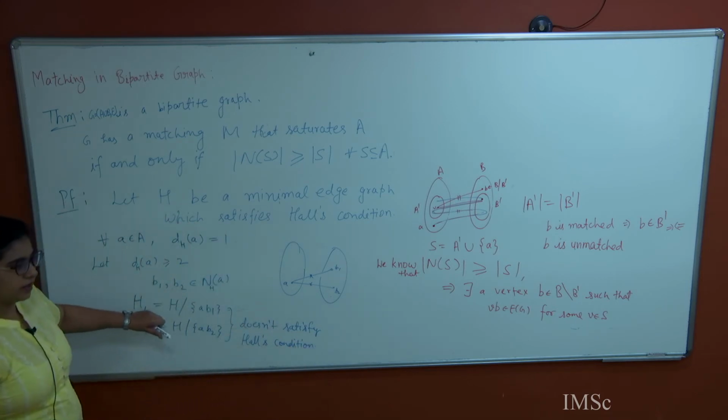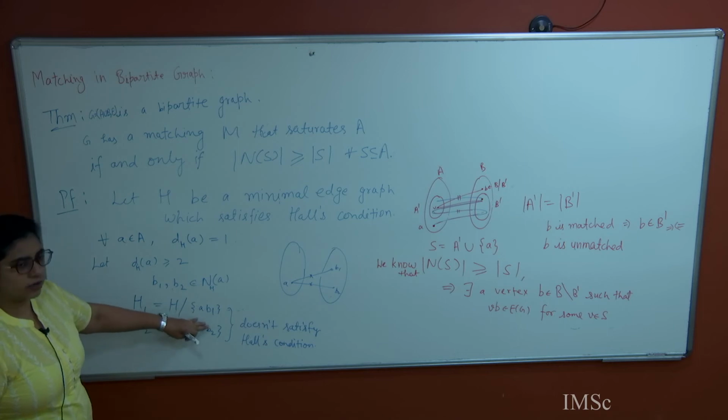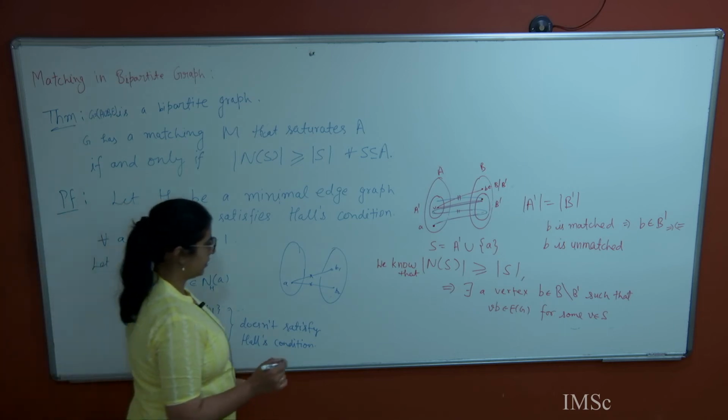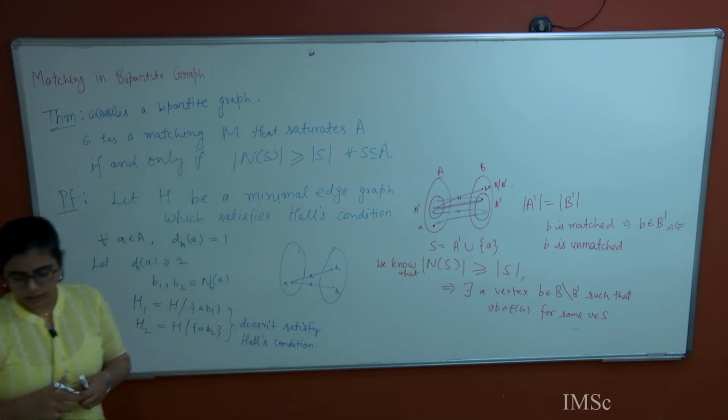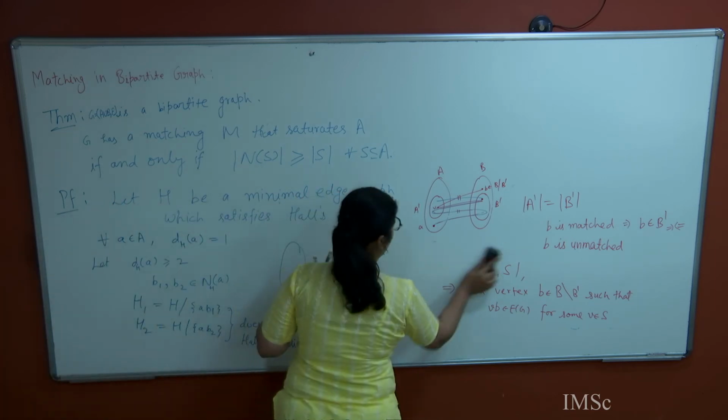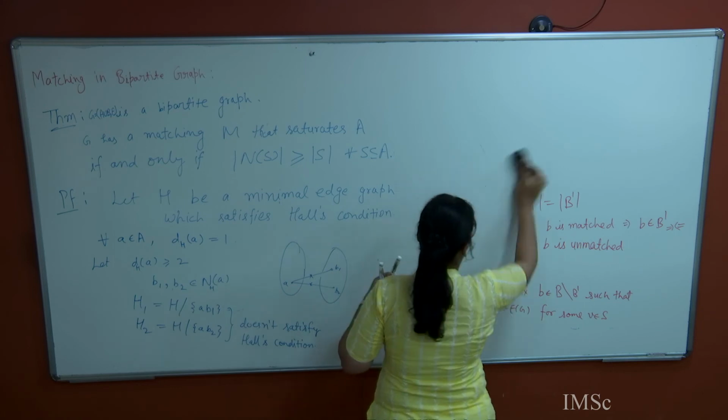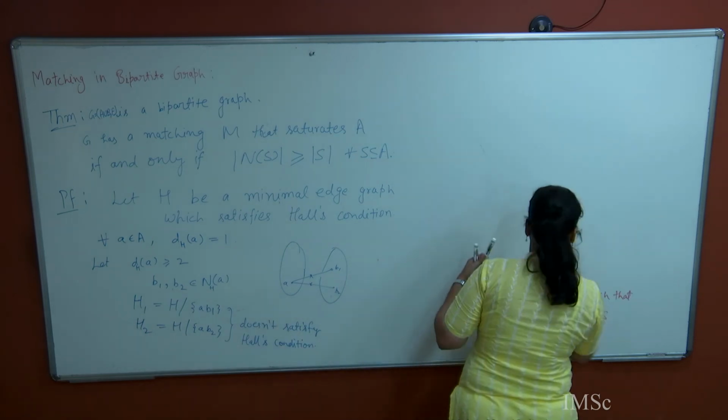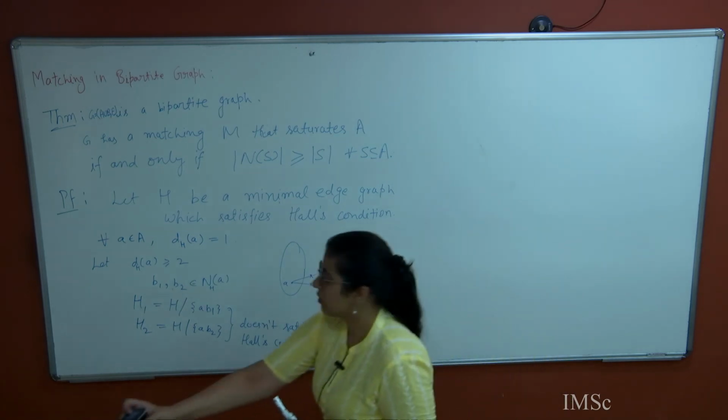What does it mean that H1 does not satisfy Hall's condition? Yes. So, there exists some subset of A. Okay.